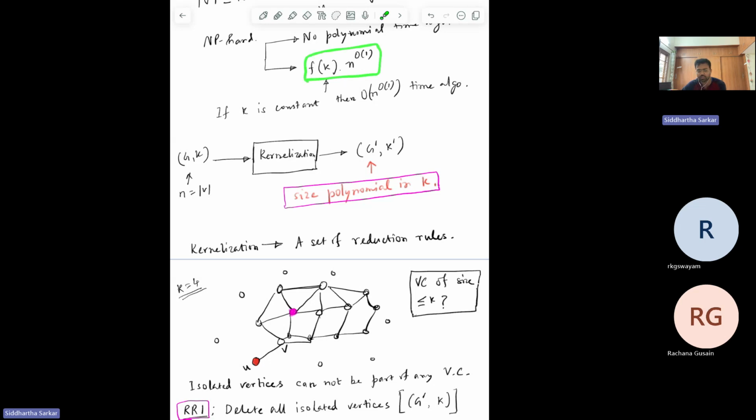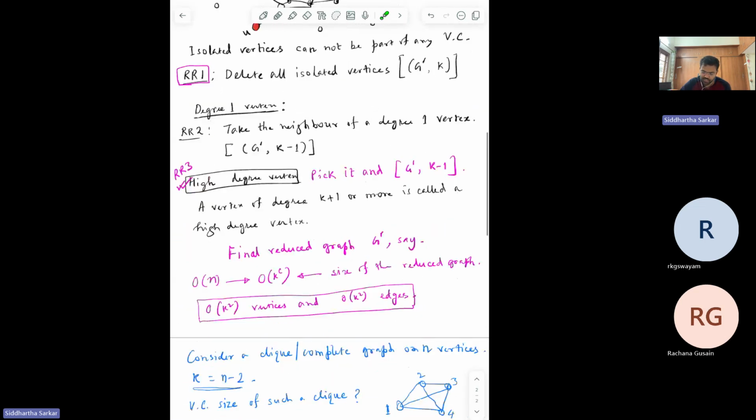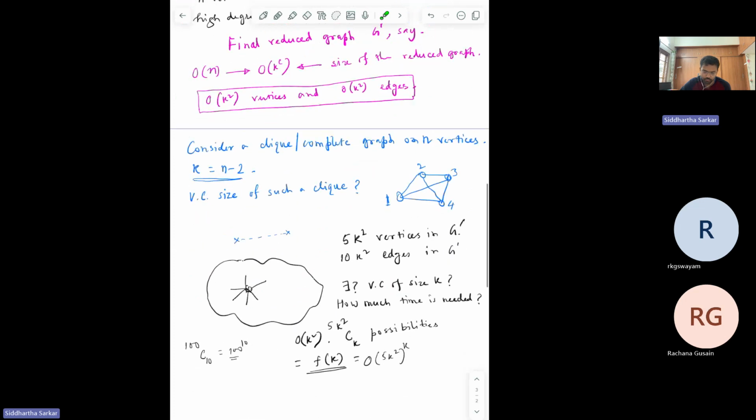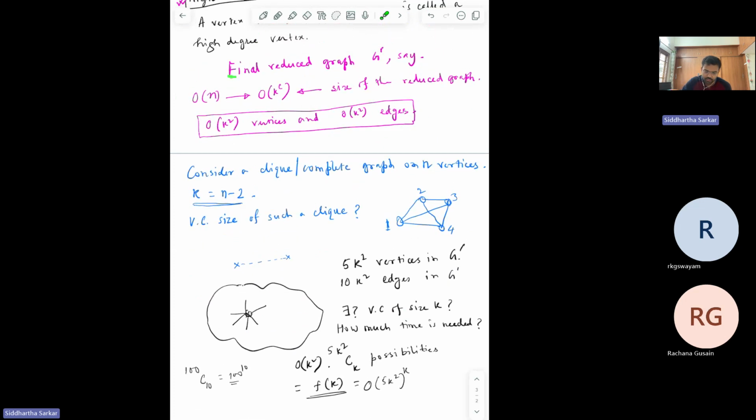Your running time is not exponential in n, that you can ensure. All you are left to do is argue that this reduction gives a reduced graph of size order k squared. All that is left to be argued. Because once you have such a small graph, this verification can be done in some function of k time.